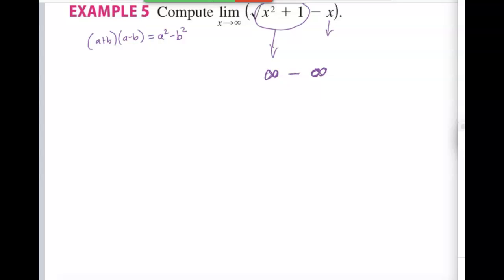And so it could be that this one is going faster than this one, possibly, in which case the overall y values of the difference will be getting bigger and bigger, and the whole thing will go to infinity. We call that diverging. Or it could be the other way around, where the second one is going to infinity faster.